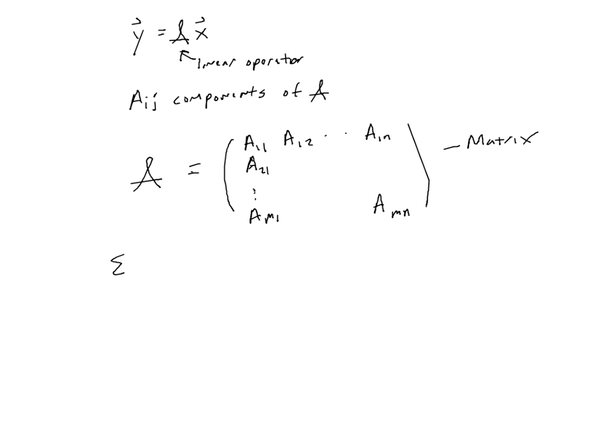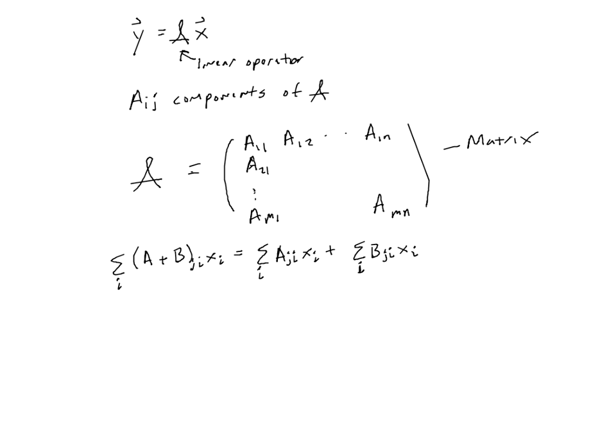For example, if you sum over i of matrix A plus matrix B acting on x_i, that is equivalent to taking the matrix operation A on x_i plus another matrix operation involving B. You just sum these two together and you get your transformation.